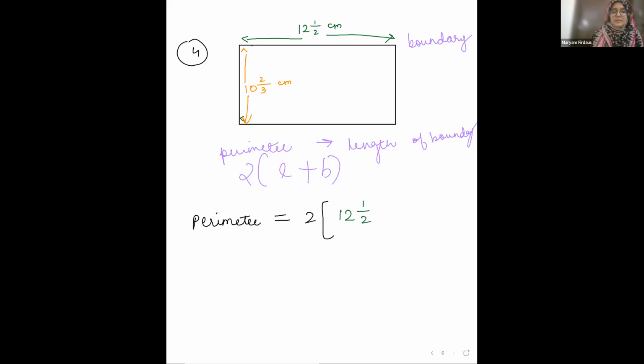And what is the breadth? 10 2 by 3 centimeter. Very good. So, Hiba, can you first add these two? Yes. We first have to make it into an improper fraction. Let's do it then.